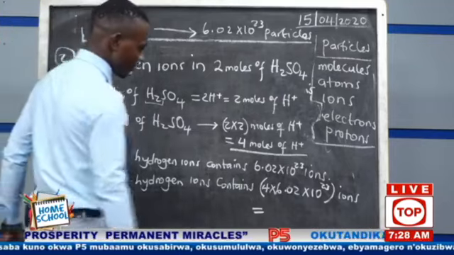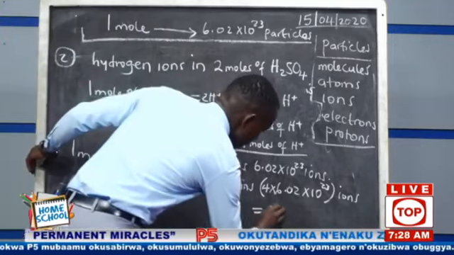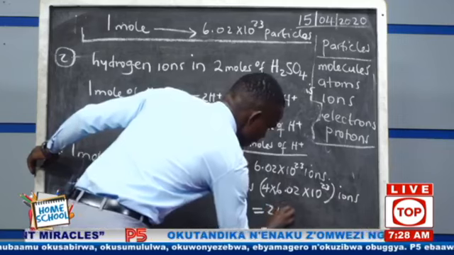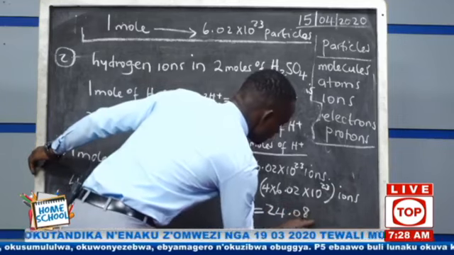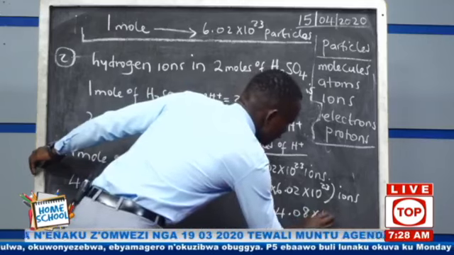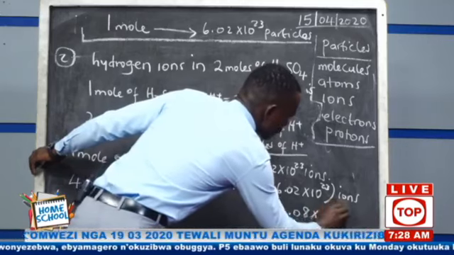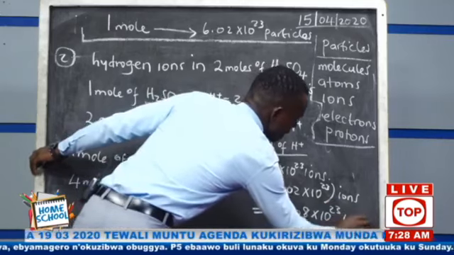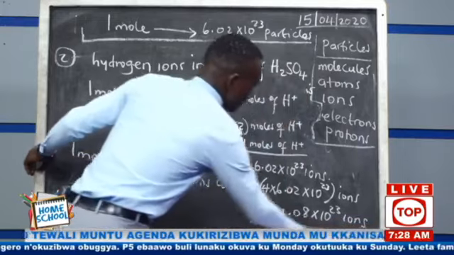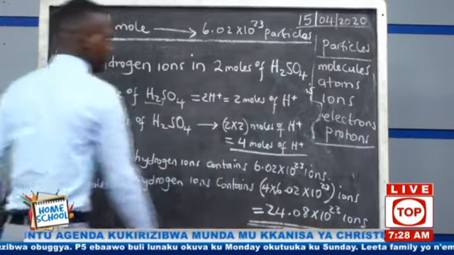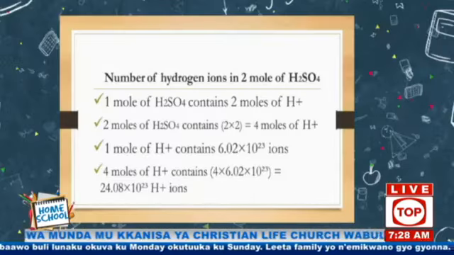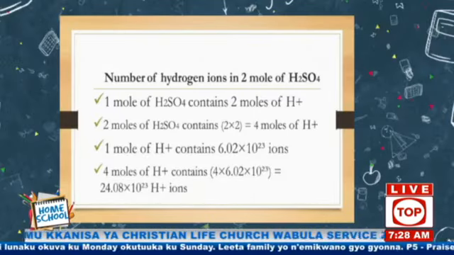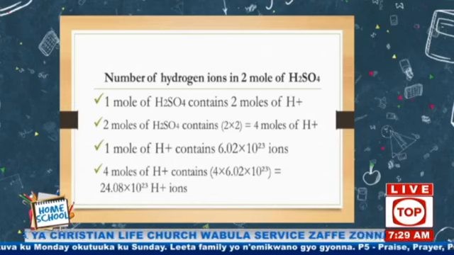Our right answer is going to be 24.08 times 10 power 23 ions. Now this is the final answer. You can see that we are using the same concept repeatedly, but in a different way.